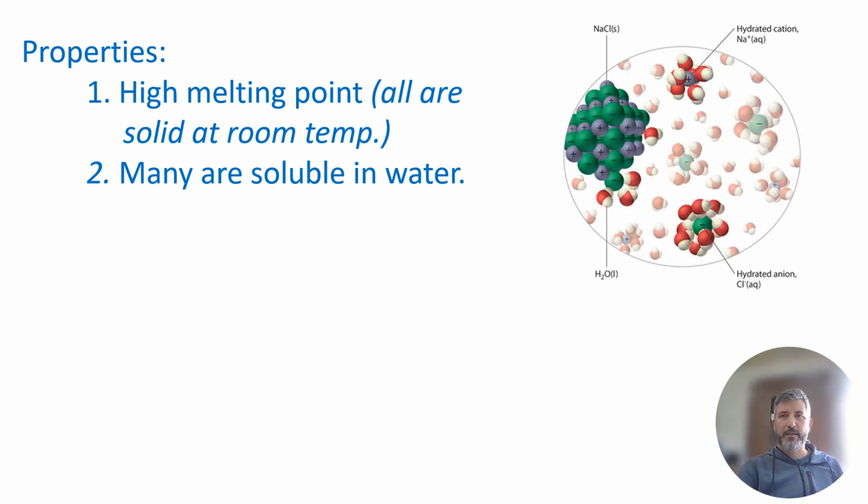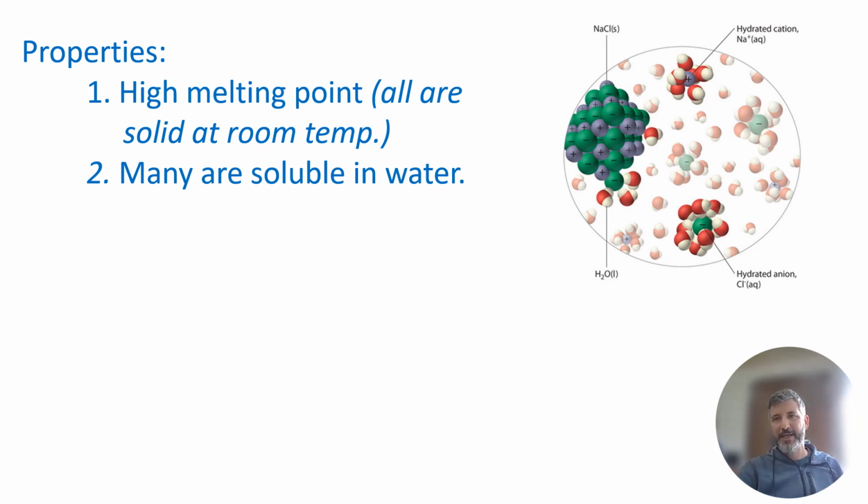What that looks like, the solvation process or the dissolving process, if you have a little crystal of table salt, NaCl, these water molecules have a negative end and a positive end, and they're going to surround the cations, and they're also going to surround the anions.